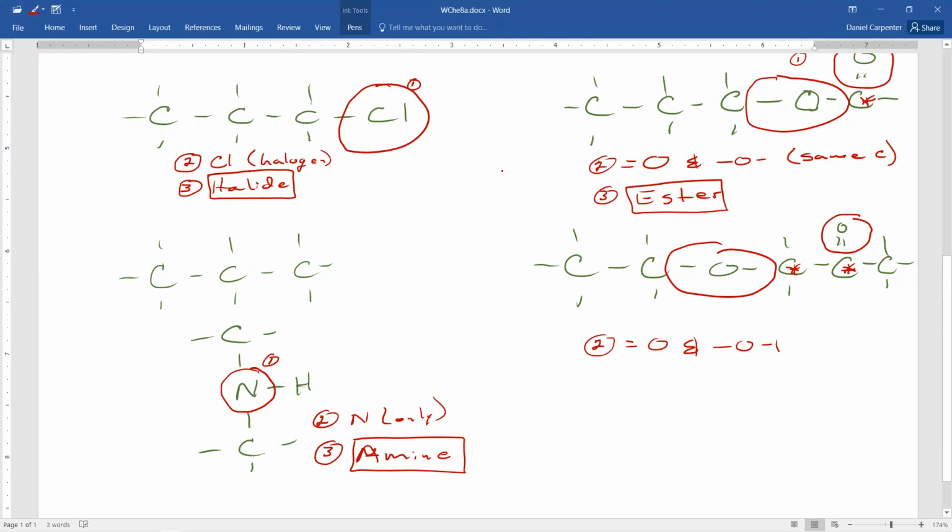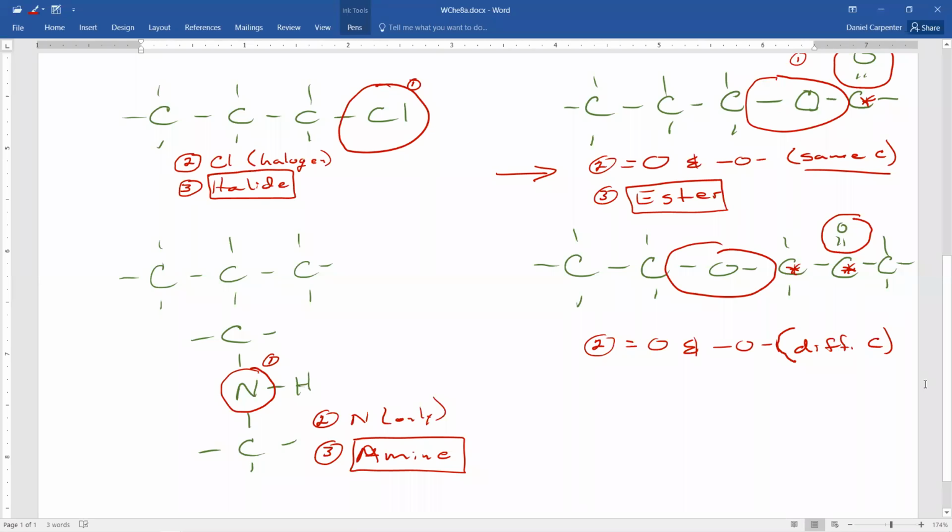Now that starts to sound just like the one above it, except when we get to here, it's not the same carbon, it's different carbons. So it is not an ester.